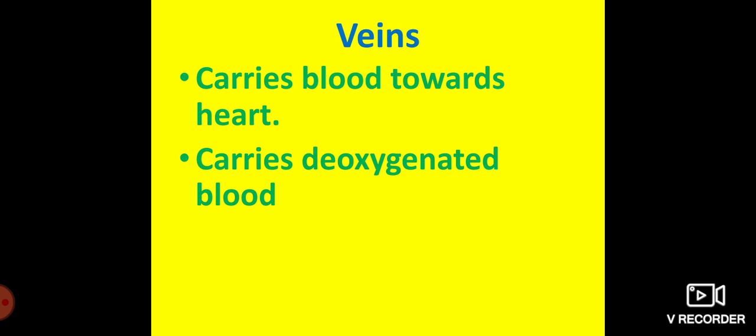The veins carry the deoxygenated blood and it reaches the heart for purification. So veins carry impure blood. Deoxygenated means that the blood does not contain oxygen, but carbon dioxide. So they have to purify the blood. For that, it is taken by the veins to the heart.